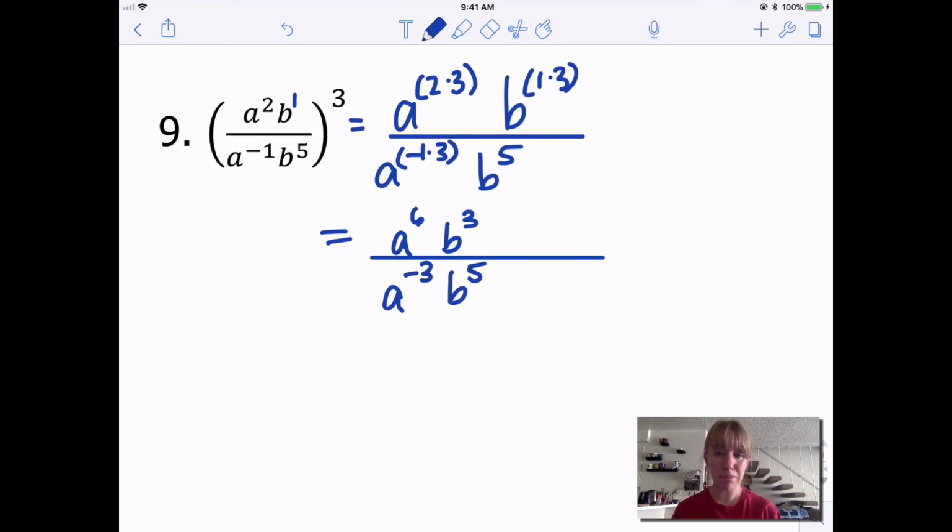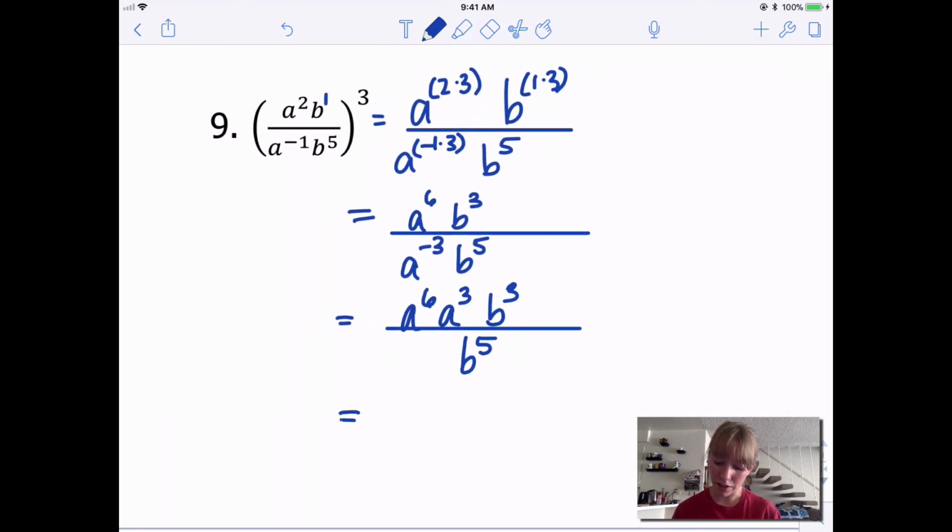And then I can do some simplifying. I can deal either with my a's or with my b's. It doesn't really matter which one I go for first. I see that negative exponent is going to flip to the top. So I'm going to make this a to the 6th, a to the 3rd, b to the 3rd, and then my b to the 5th is still on the bottom in the denominator.